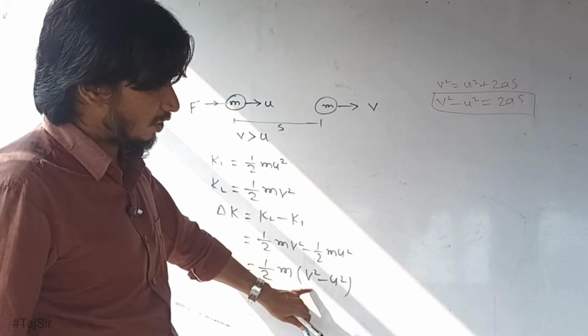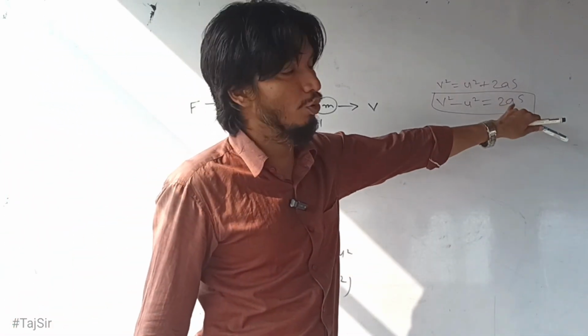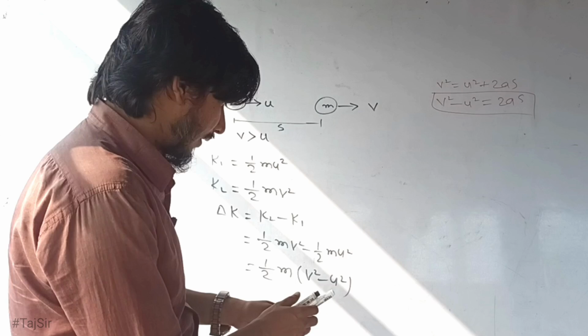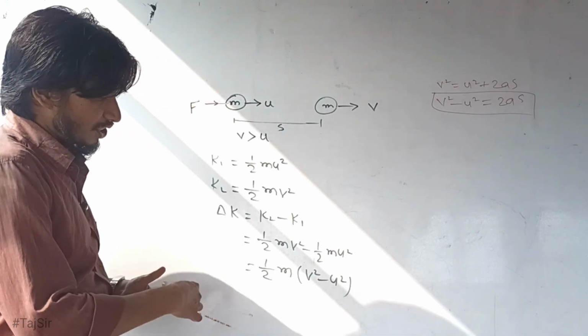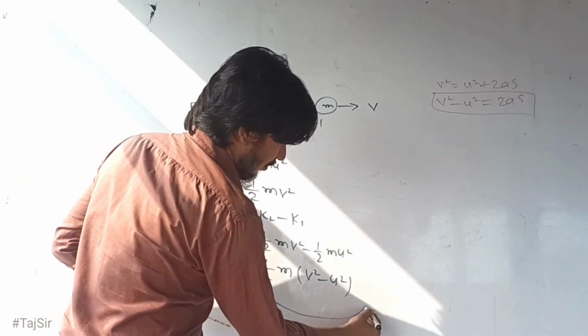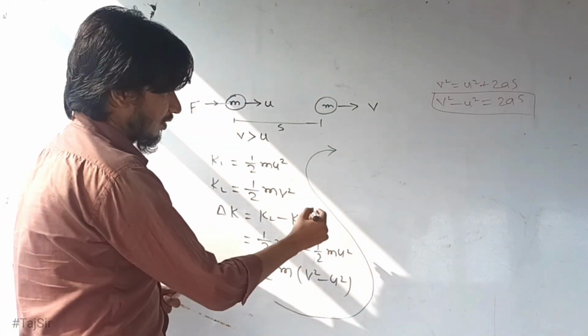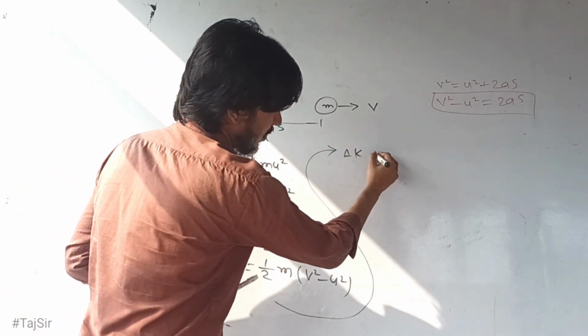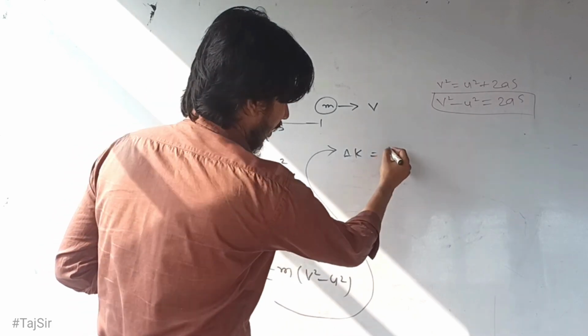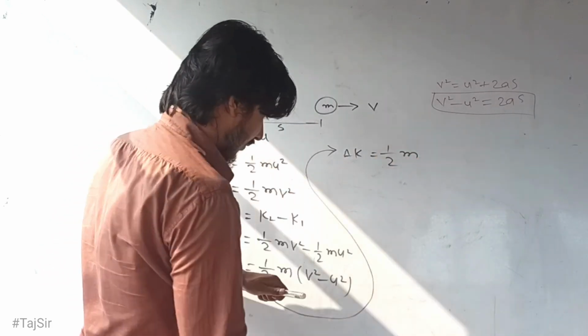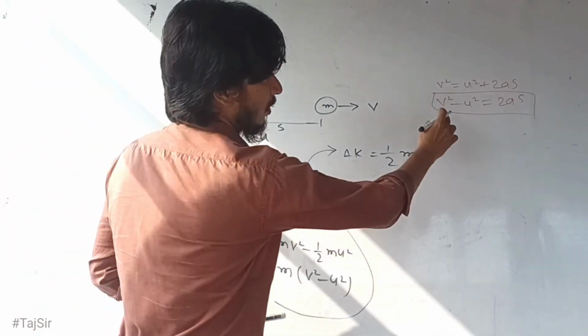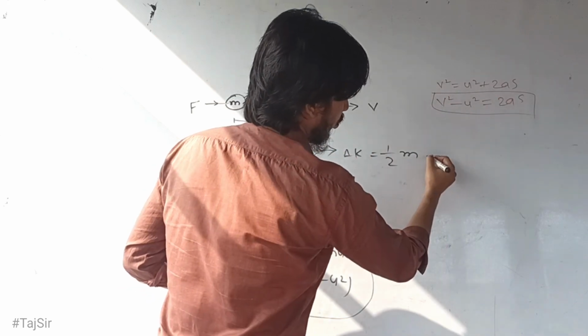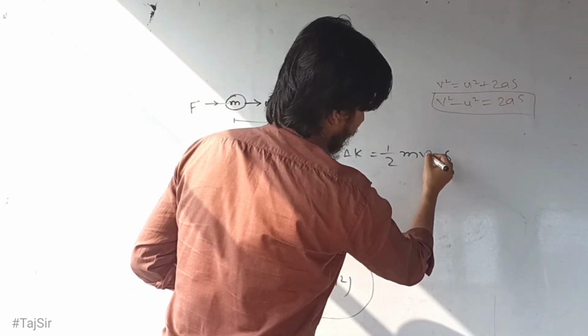So we can put v square minus u square equal to 2as, and now our expression becomes del k, that is change in kinetic energy, equals half m times v square minus u square, and v square minus u square equals 2as.